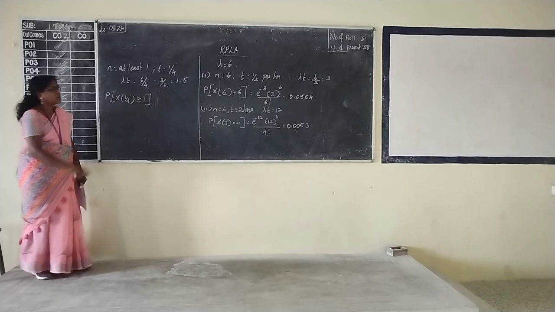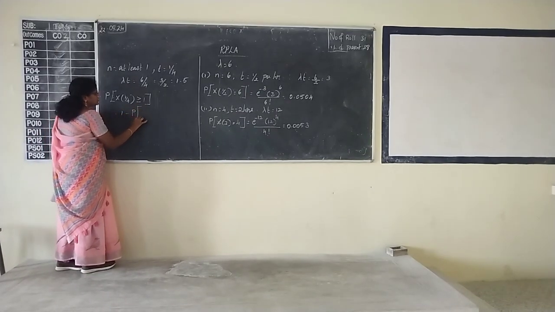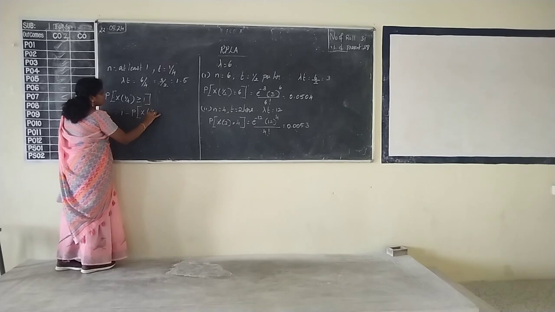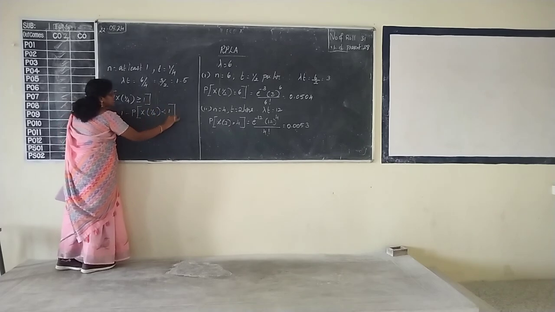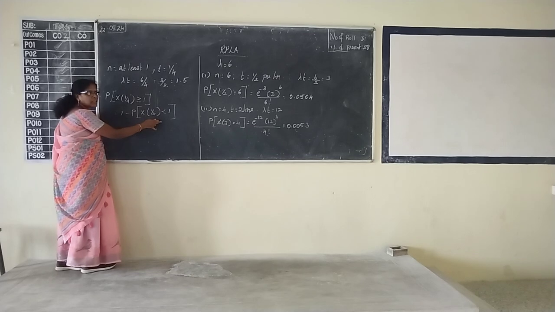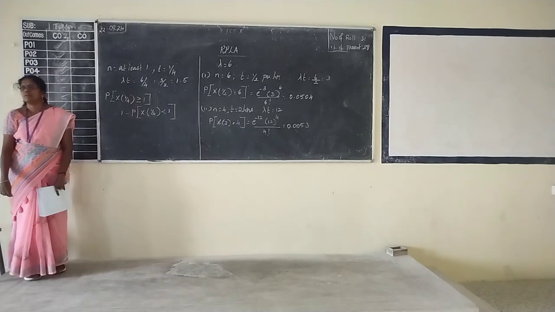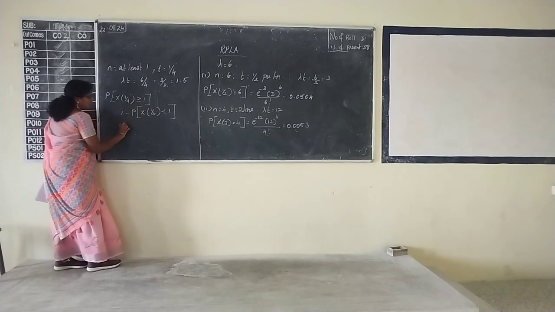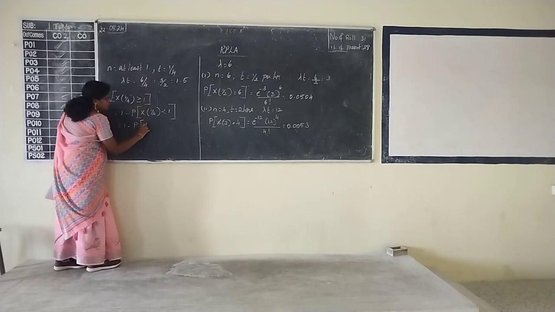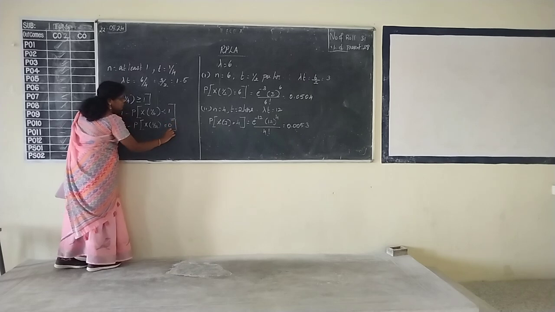So in that case, how do we solve the problem? Yes, what is the complementary? 1 minus probability of X of 1 by 4 strictly less than 1. Here you have included equal to, so here it should be strictly less than 1. Less than 1 is the value 0. So 1 minus probability of X of 1 by 4 equal to 0.